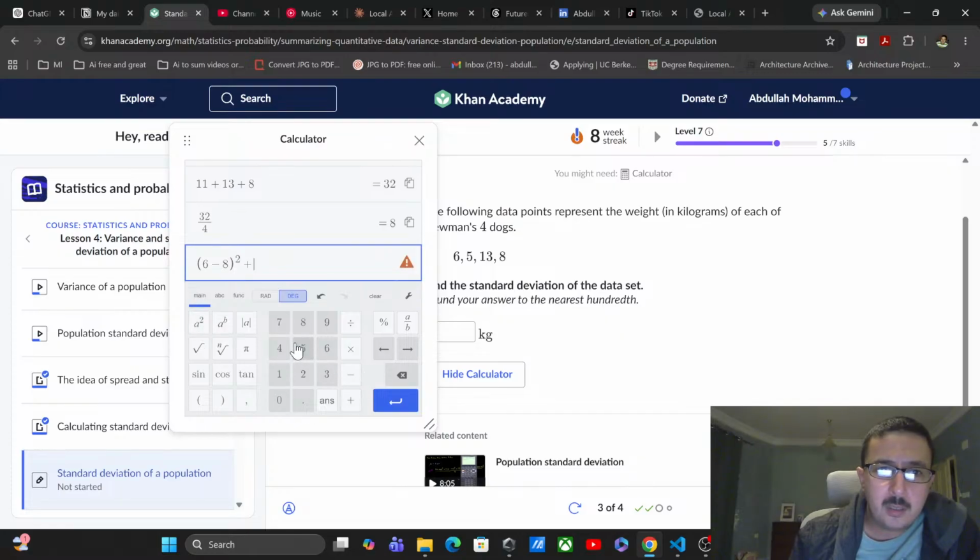Plus 5 minus 8 squared. You get 13 plus 13 minus 8, and close the brackets, squared. I got 38. I don't need the last one because it's going to be 0. 8 minus 8 is 0.